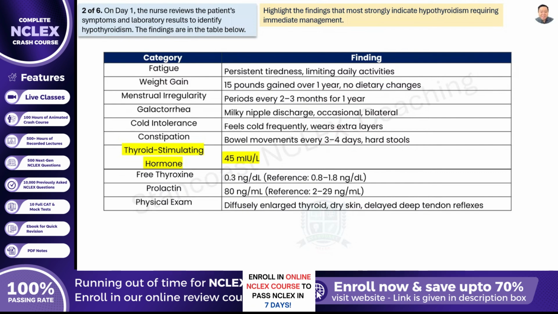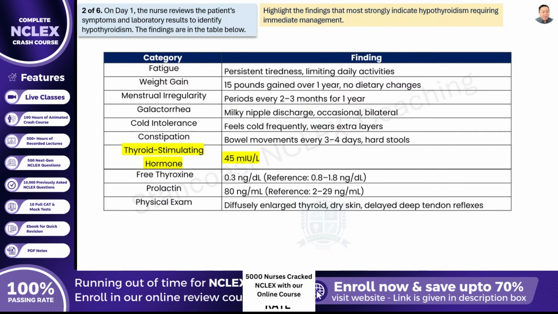So this is basically hormone failure by the thyroid gland. And this level doesn't just confirm the diagnosis, it also signals urgent need for hormone replacement to avoid further metabolic slowdown or other complications like myxedema coma.